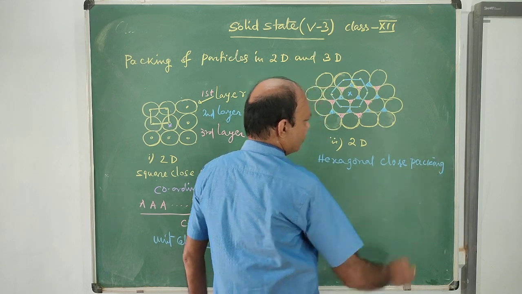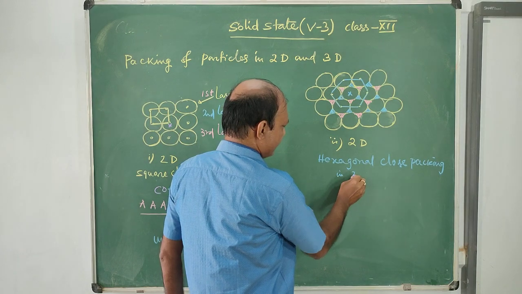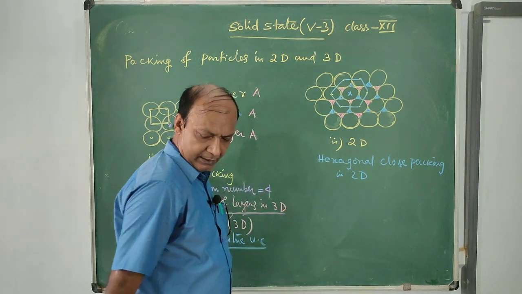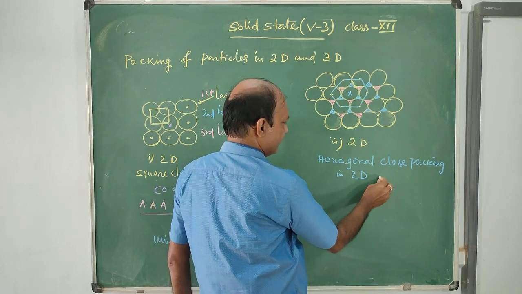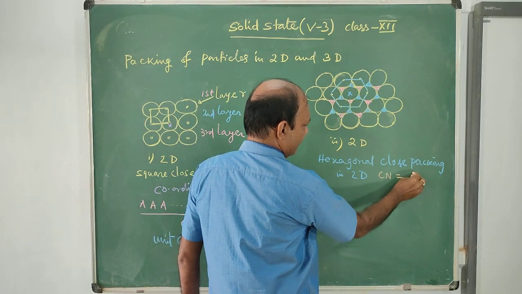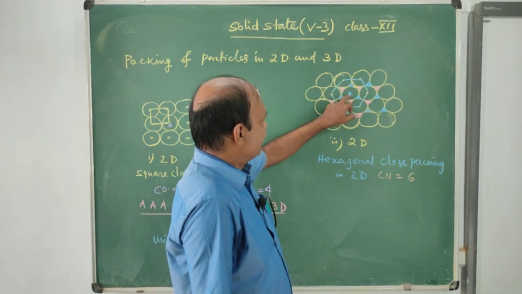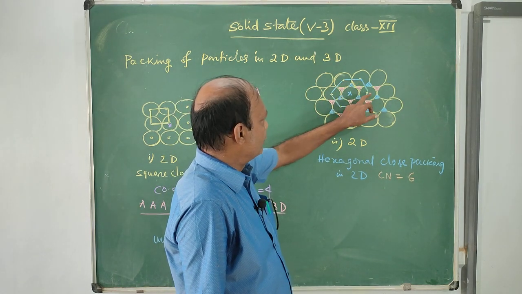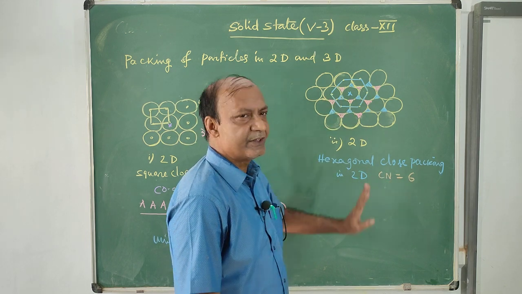Now, hexagonal close packing in 2 dimension. In 2 dimension, we see the features. Coordination number in 2 dimension is 6, because every particle is touching 6 particles around it, 1, 2, 3, 4, 5, 6.